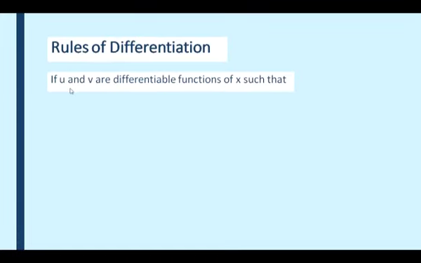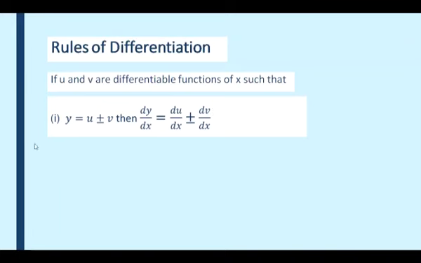If u and v are differentiable functions of x such that y equal to u plus v or u minus v, we can write dy by dx equal to du by dx plus dv by dx, or for subtraction we can write dy by dx equal to du by dx minus dv by dx. So over here we can apply addition and subtraction in derivative.